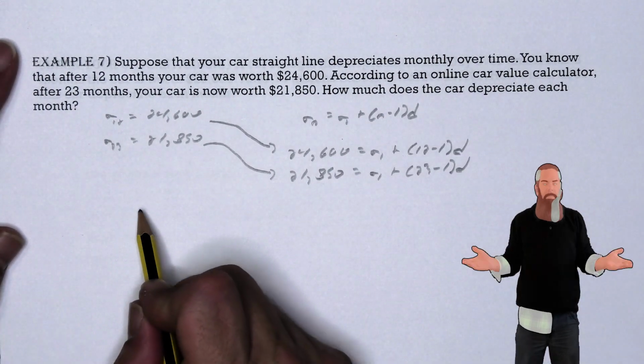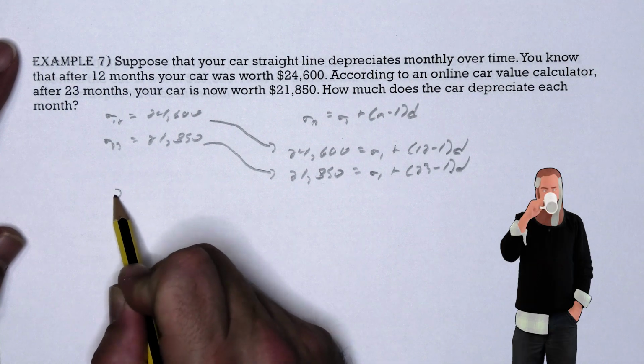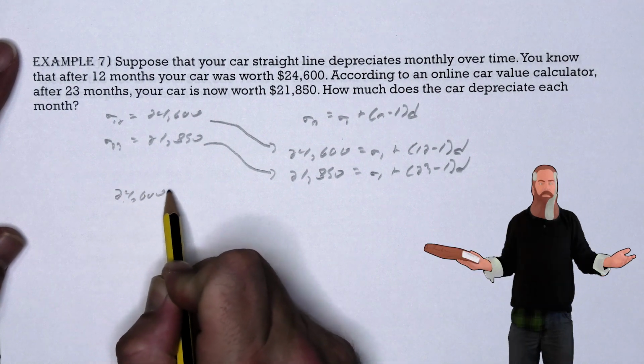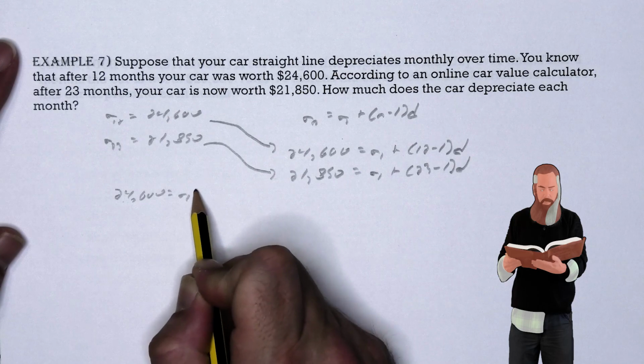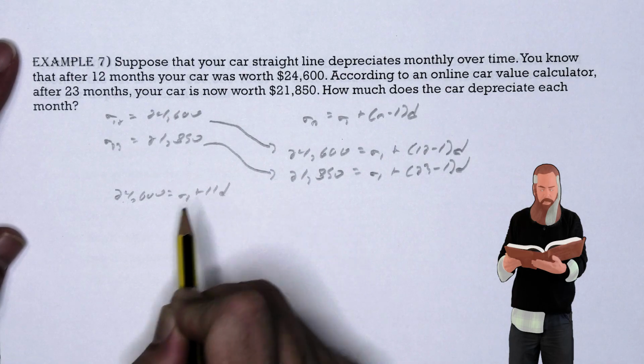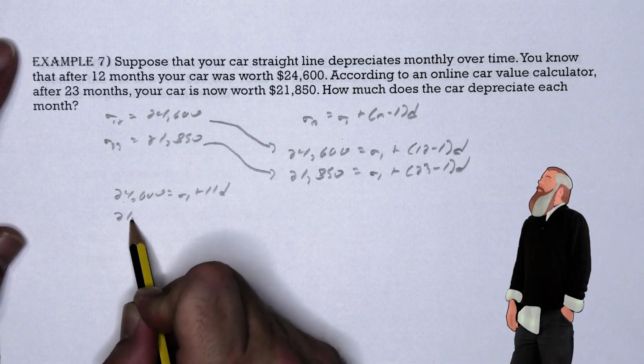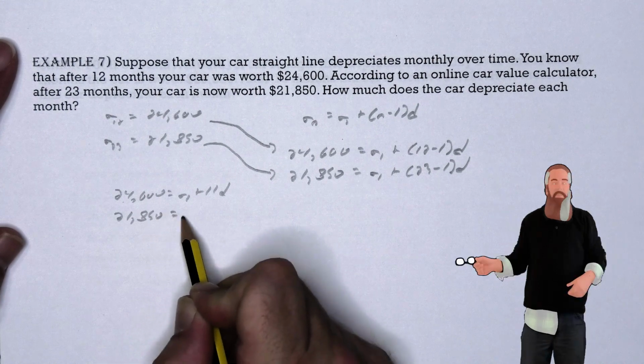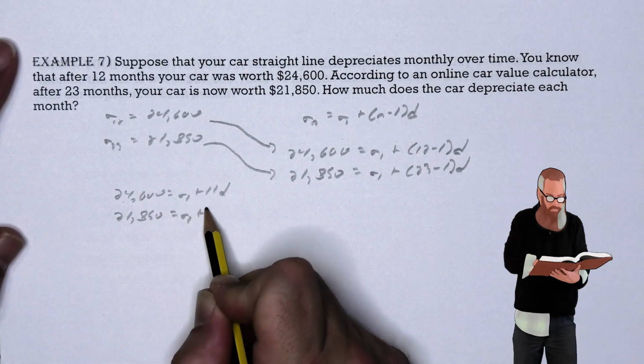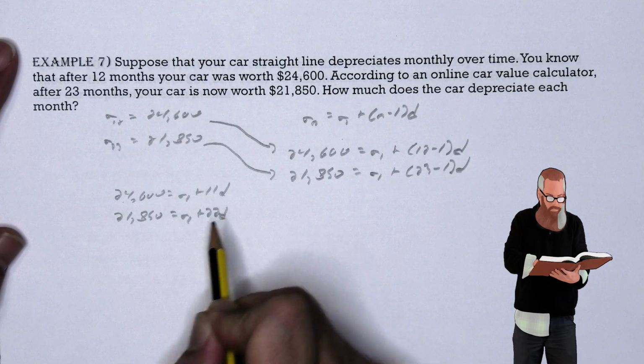We can simplify both of these so that the first one is 24,600 equals A sub 1 plus 11d, and 21,850 equals A sub 1 plus 22d.